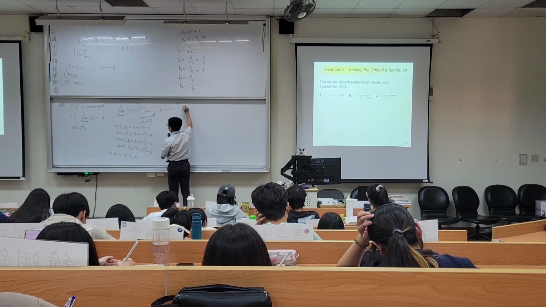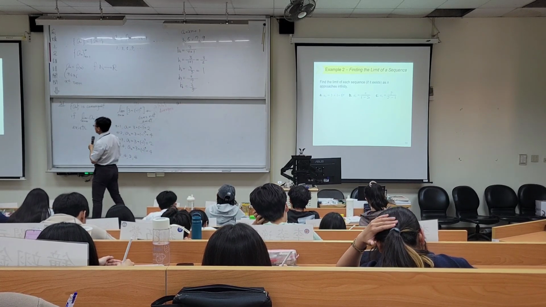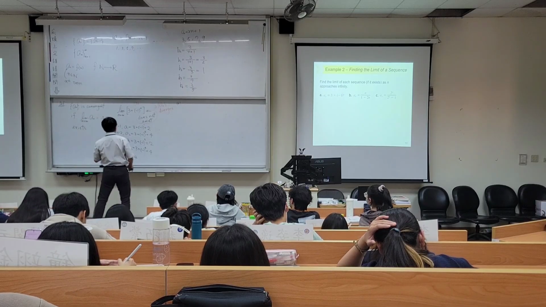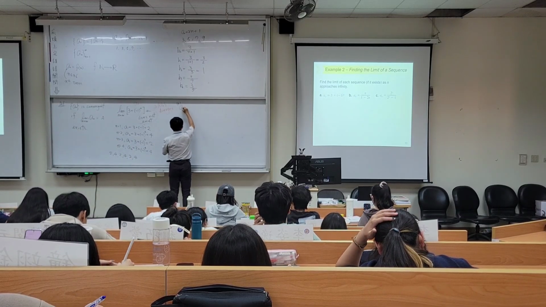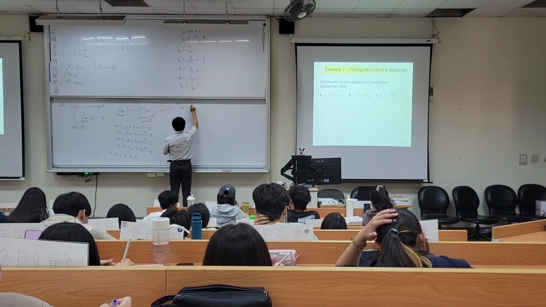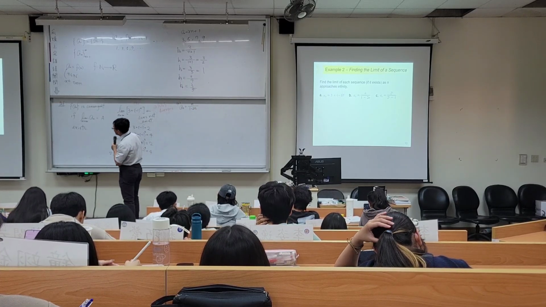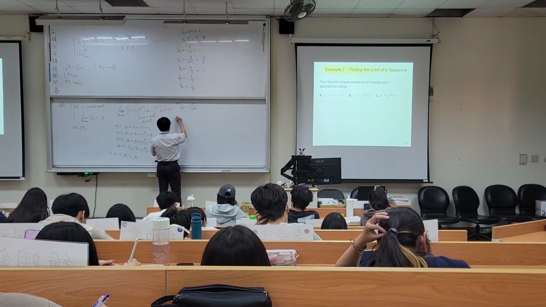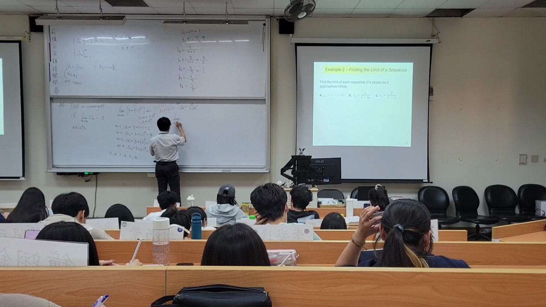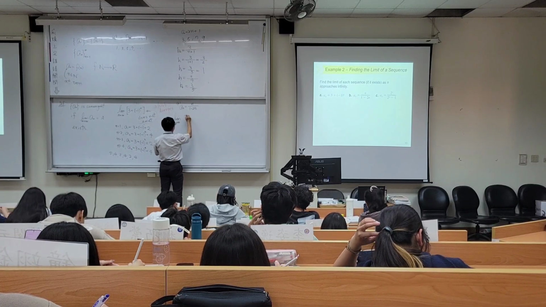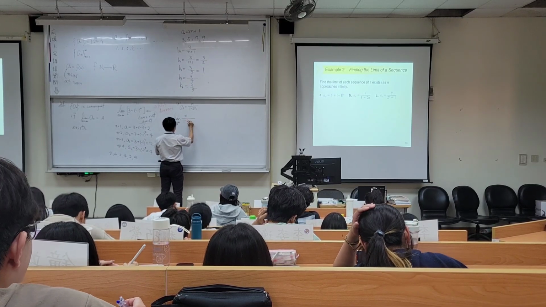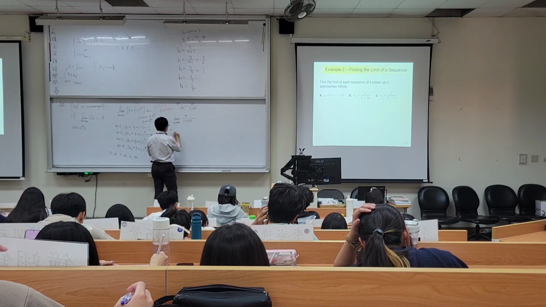B is a sub n equal to n over 1 minus 2n. So the limit of a sub n is equal to the limit of n over 1 minus 2n.